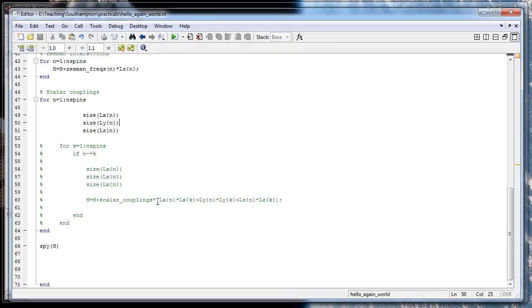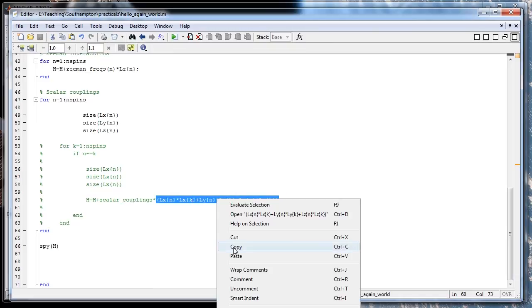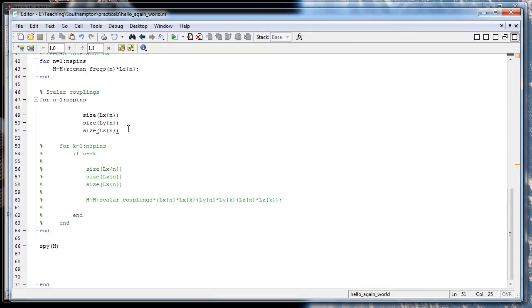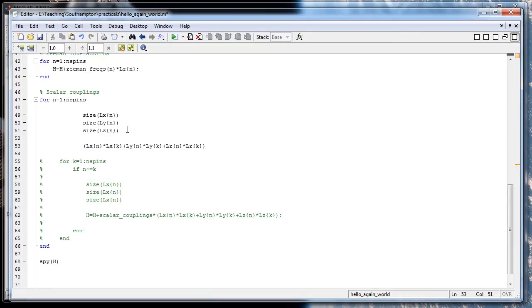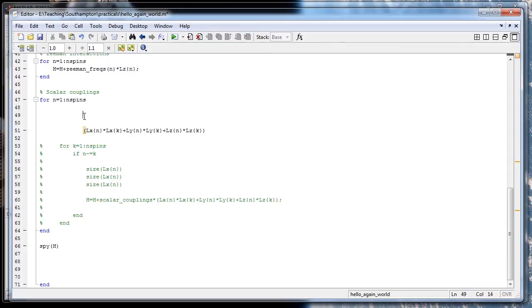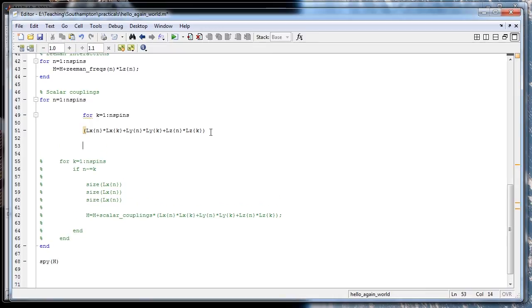Let's see if we're able to do this multiplication in every possible case. Copy, paste, get this loop out of here and into here. Got that, and so it's all closed, and let's see whether that works as intended.